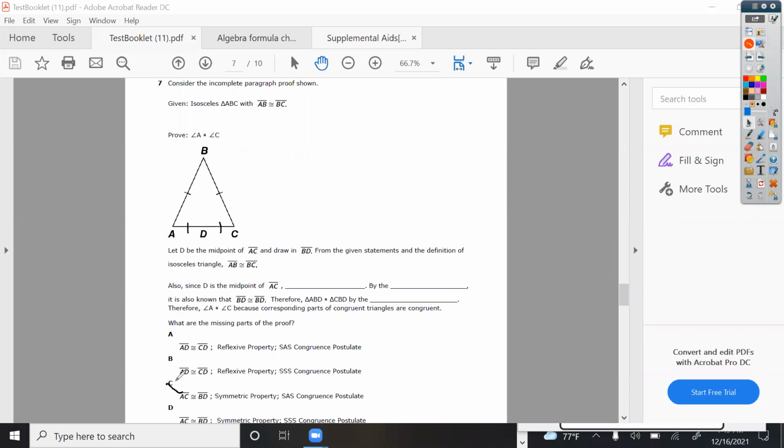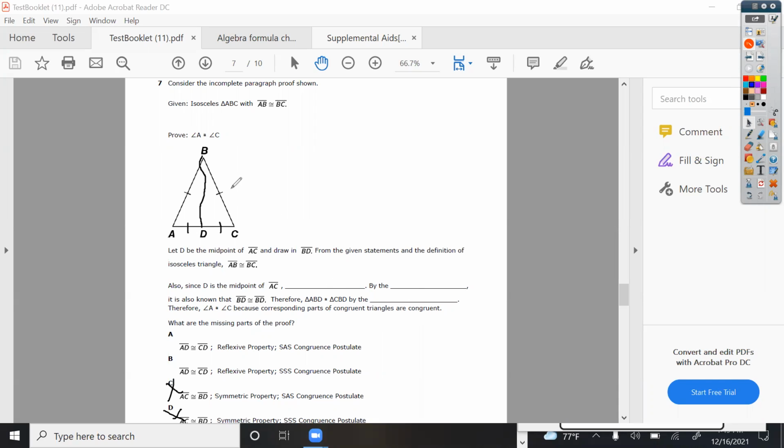So we're down to those two. By the blank property, we also know that BD is congruent to BD. Well, that's going to be reflexive. That's this line right here. It looks horrible. That's reflexive. So they both say reflexive. Also, then it says, therefore, A is congruent to C because the corresponding parts of congruent triangles are congruent.